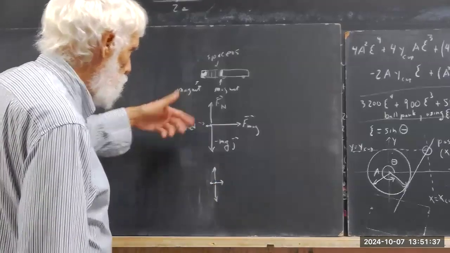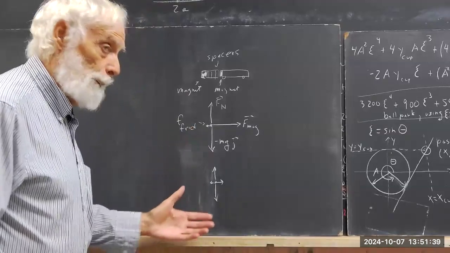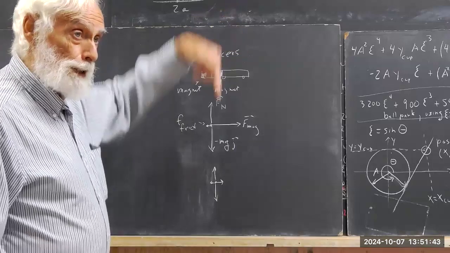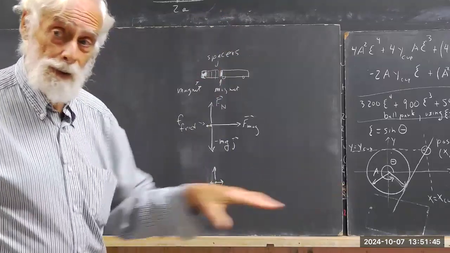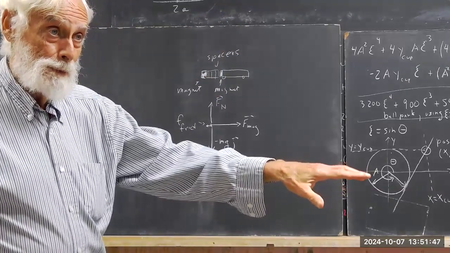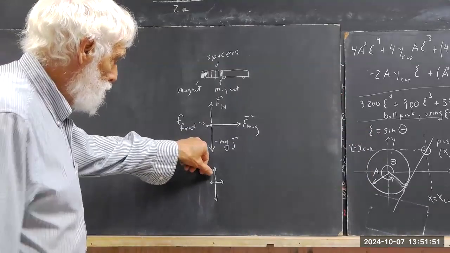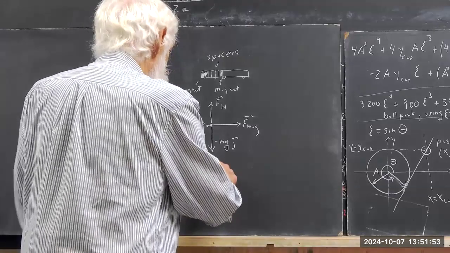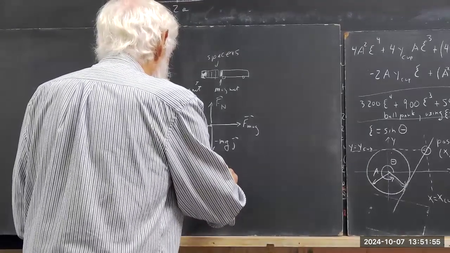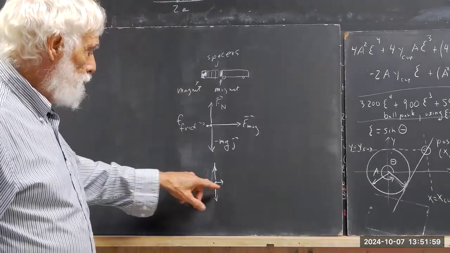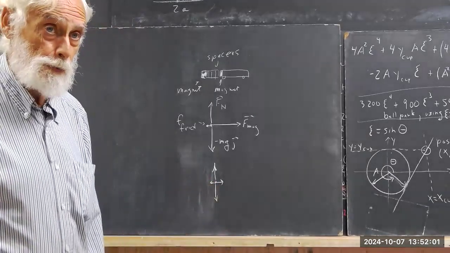Now your weight and your normal force, in this case, are going to be equal and opposite because the thing is not accelerating up off the table or down into the table. It's in equilibrium with respect to the y direction, if you will. Okay, I didn't quite get this vector long enough. These two should be equal and opposite. So basically the frictional force gets a lot closer to the magnetic force.